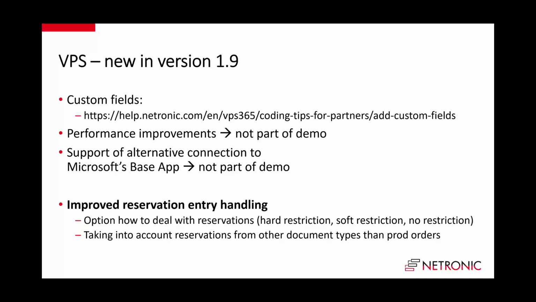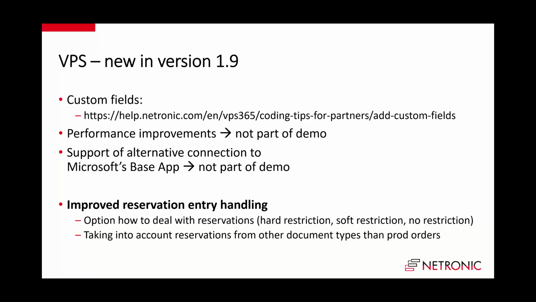These reservations might occur from the planning worksheet through the production BOM, or because somebody did a manual reservation from one line to the other, or as part of one production order if this was a make-to-order production order, and then all these indented production order lines. Ultimately, independent of how you did this, these were all reservations from one production order line to another. And this was the universe of reservations that we dealt with in the VPS.